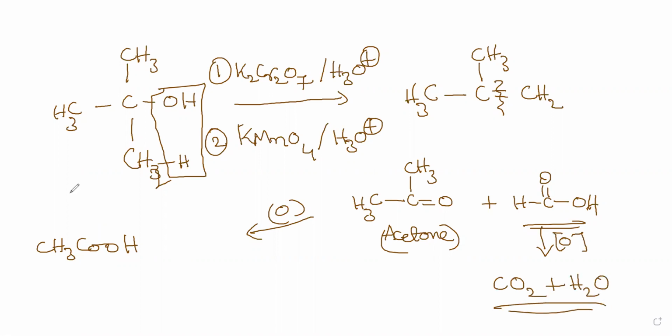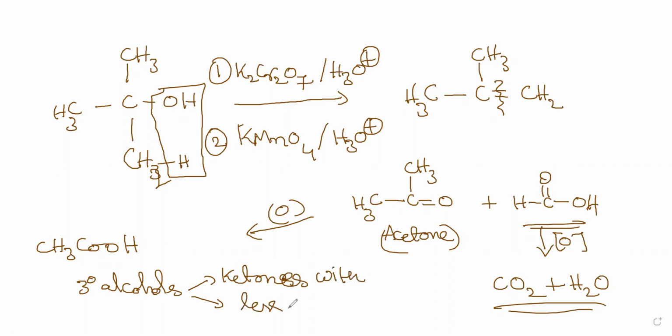So these are complex reactions, but not that complex. If you take tertiary alcohols, you get ketones with a smaller number of carbons. If you remember this much, I hope that is sufficient.